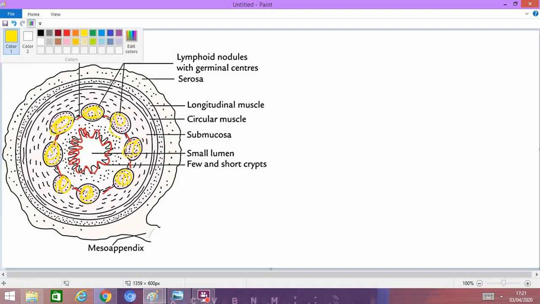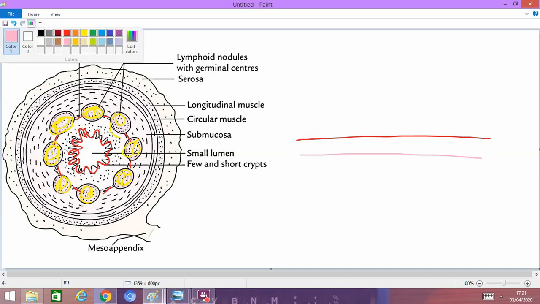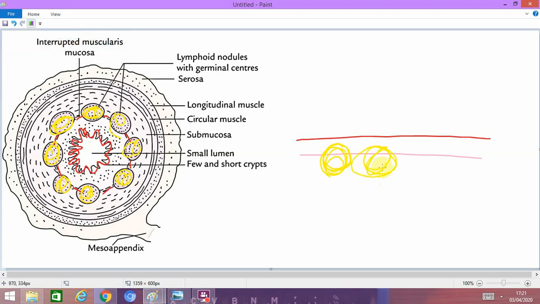You can understand it if I draw mucosa, submucosa, and the lymphoid follicles here. Now let's suppose that inflammation has already occurred. This inflammation is going to cause mucosal enlargement, mucosal inflammation, and lymphoid hyperplasia.